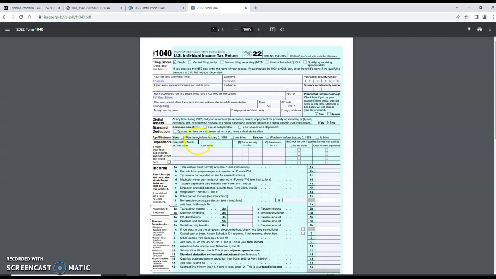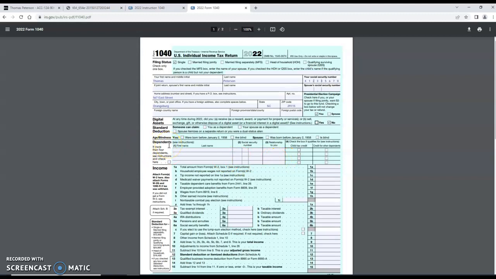Age and blindness. If you were born before January 2nd, 1958, meaning you were 65 as of December 31st, or if you are legally blind, you have paperwork and doctor stuff to show it, or your spouse was over 65, or your spouse was blind, you check those boxes.